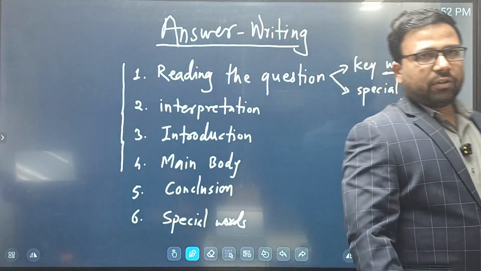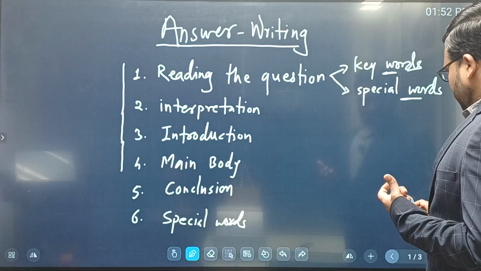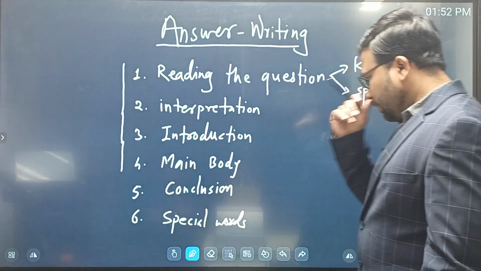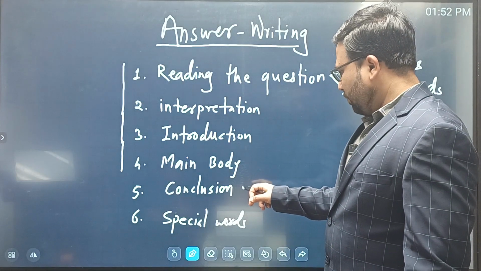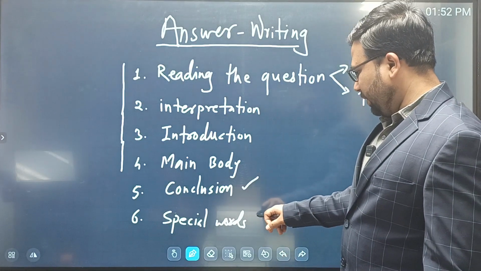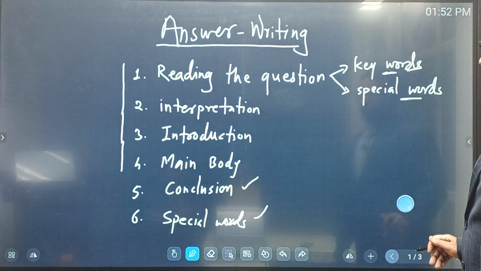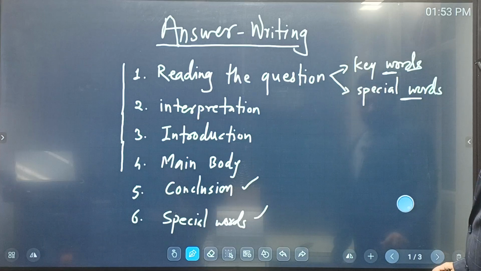Conclusion will take 5 minutes, and this may take 5 to 7 minutes. So just 10-15 minutes more, we will conclude our answer writing session in the next 10 minutes.